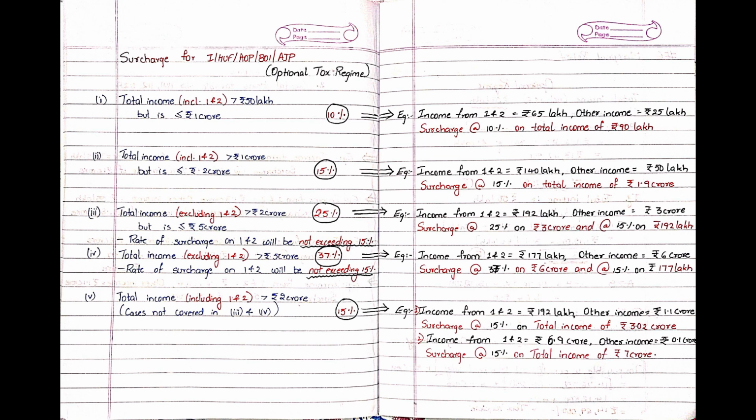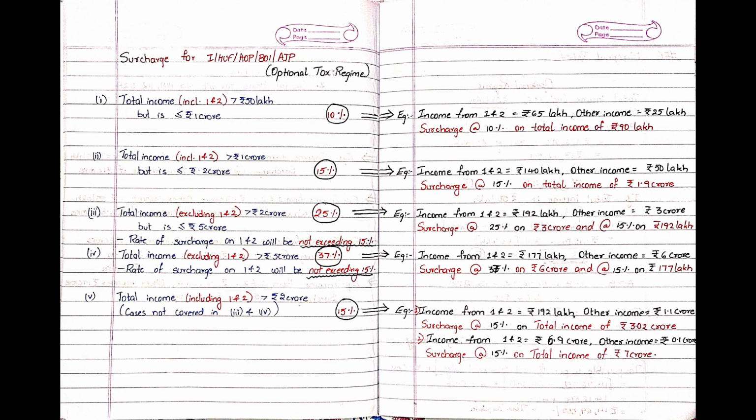Here, the total income including the other income and income from 1 and 2 has aggregated to rupees 3.02 crores. Individually, the income from 1 and 2 and the other income are less than 2 crores. In such a case, the surcharge at the rate of 15% is charged on total income of rupees 3.02 crores.